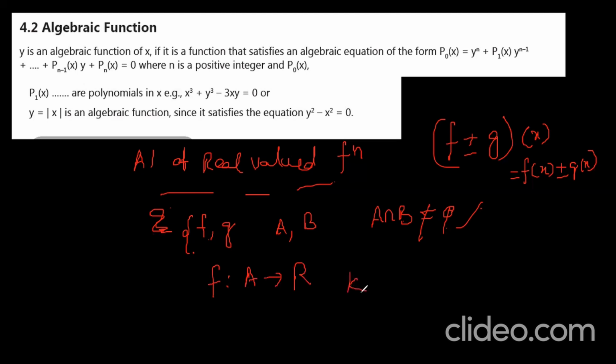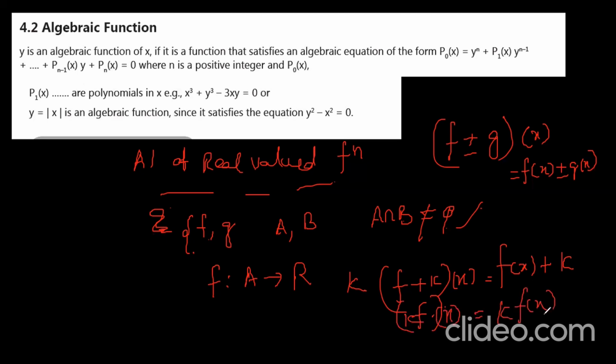Then f plus k of x is f of x plus k. Similarly, k times f of x is k times f of x for all x belongs to A. The function minus 1 times f is denoted by minus f.